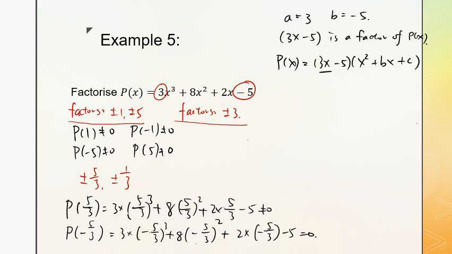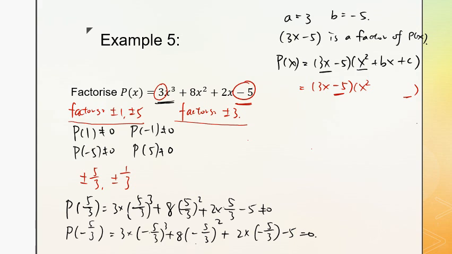Because 3x times x squared will give you 3x cubed. Okay? And then again, consider what value c can take, because now the constant is equal to -5. What that implies to you is -5 times c value will give you -5.